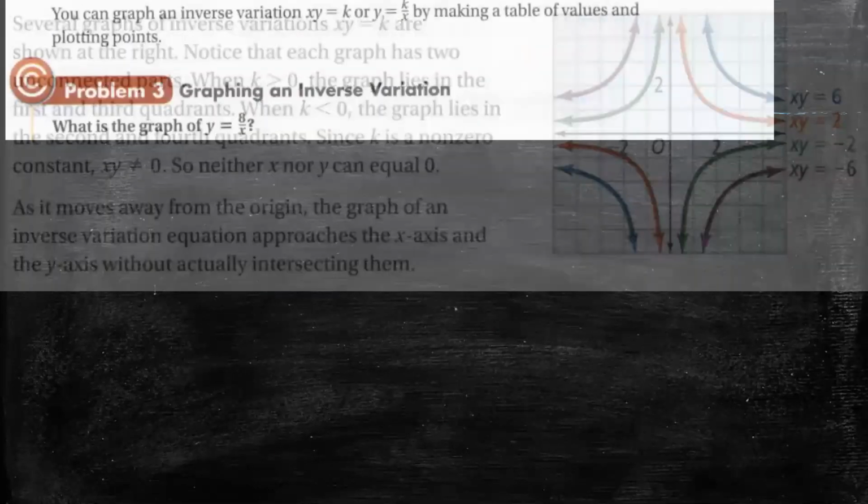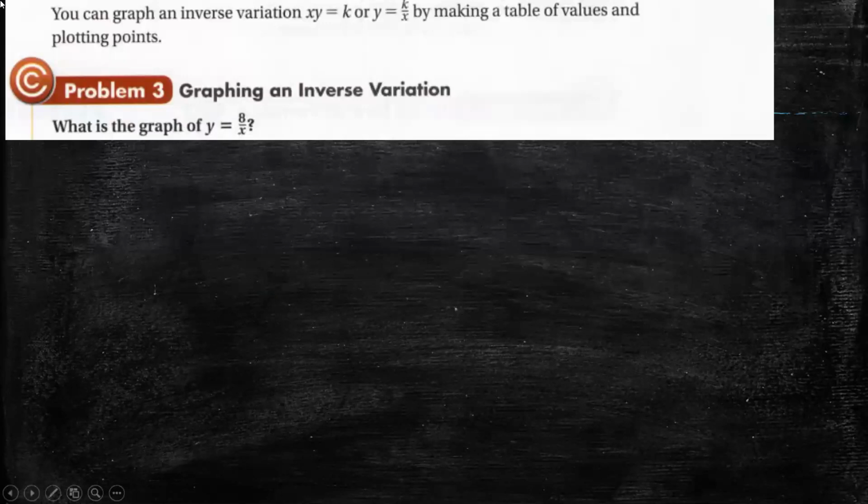Now let's have some examples. If you have it as y equals k over x, or x times y equals k, both of them indicate an inverse variation. Let's see now how we will graph it.